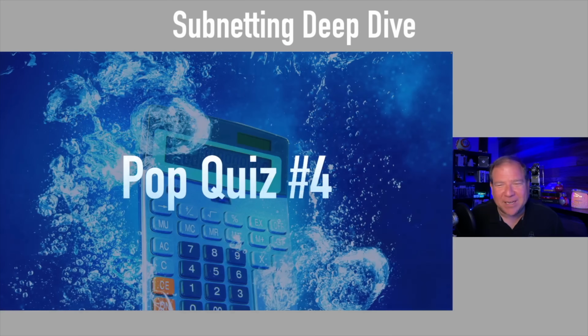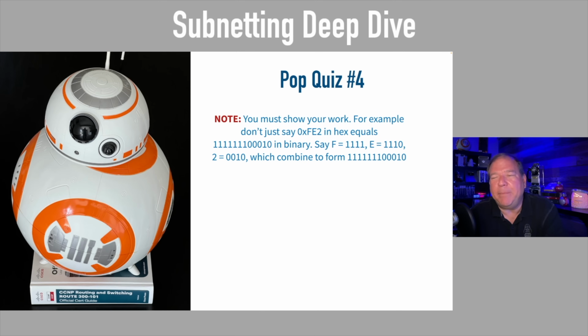All right, folks, let's take our final pop quiz of the day. This one's about BB-8, but here's the requirement. I want you to give me a binary value for a hex number, and it's going to be 12 bits long.